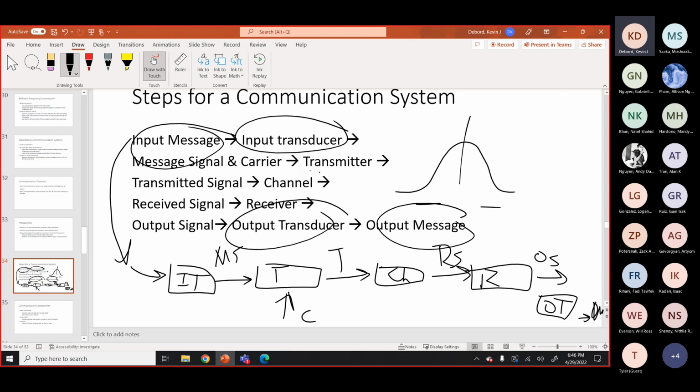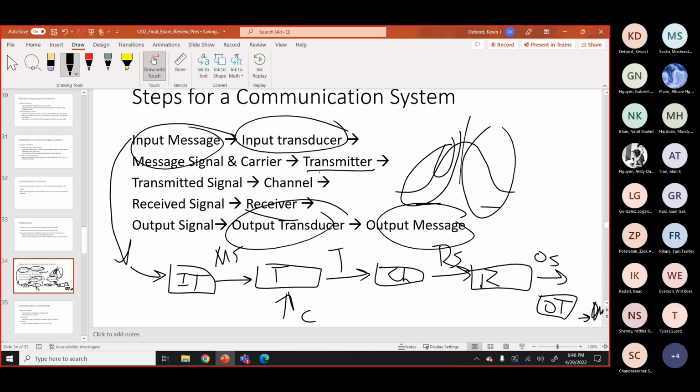This can seem confusing when it comes to transmitter and receiver, but at the end of the day, you can think of it like a bell curve where part of this, except for maybe this guy, is the same, and everything down here will also be equal. So if you get really lost, you can't possibly get input wrong because the arrows going into the little blocks will be the input message. And then transmitter and transmitted signal.